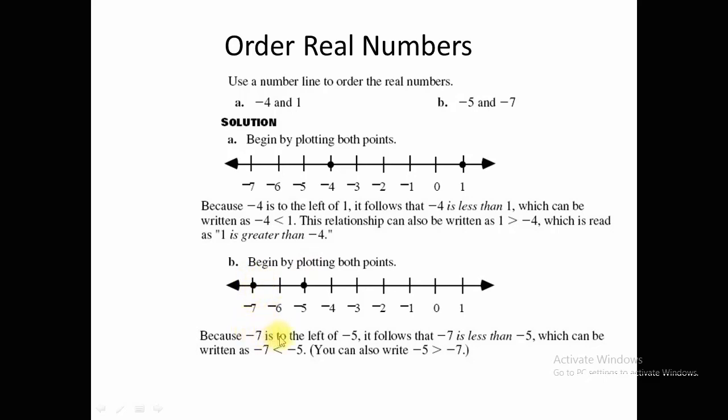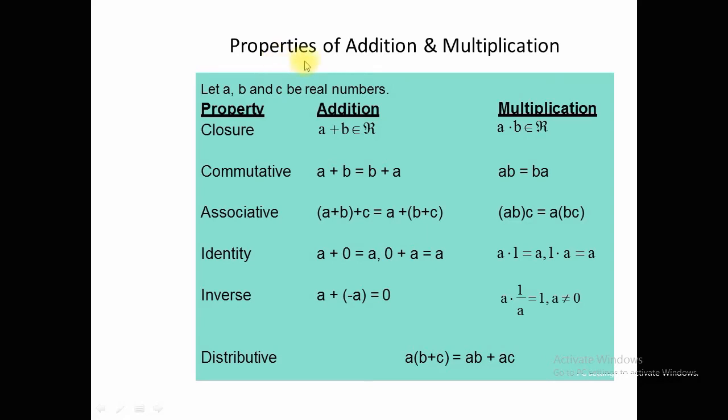Because minus 7 is to the left of minus 5, it follows that minus 7 is less than minus 5. Dear students, you can also write minus 5 is greater than minus 7. Now, properties of addition and multiplication for real numbers.